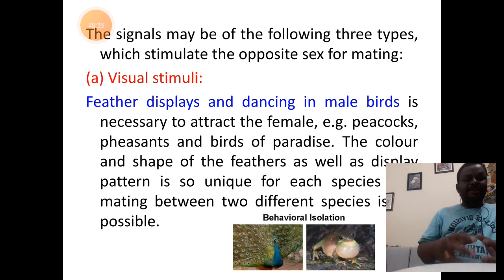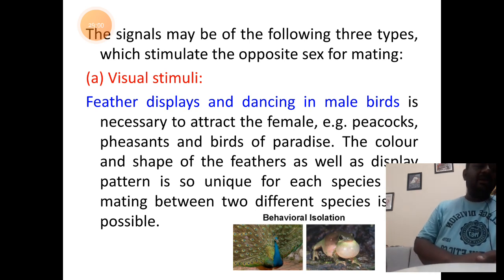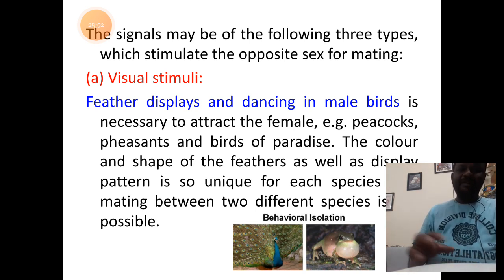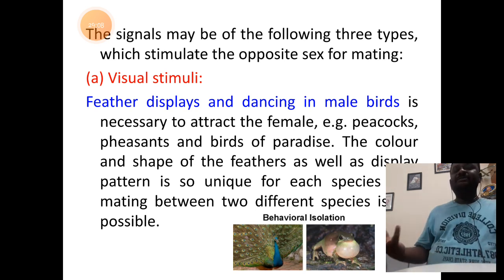It includes dancing of male birds, like peacocks, birds of paradise, etc. Then color display and feather display are unique to a species of bird before the actual process of courtship. In the picture we can see how these organisms exhibit courtship behavior by displaying their feathers. So it's a visual stimulus.